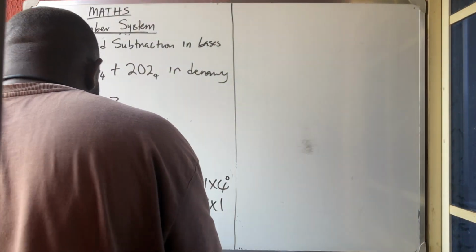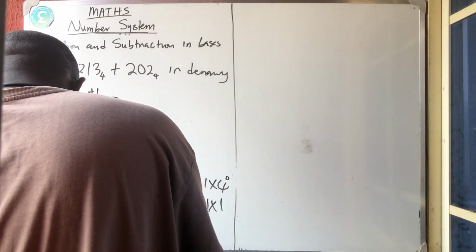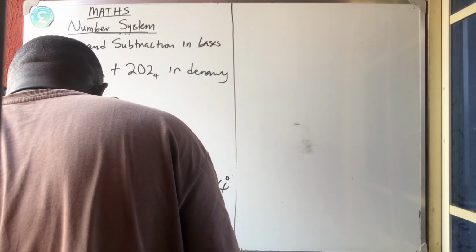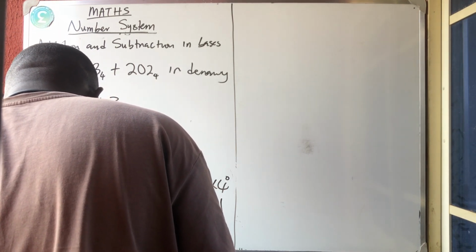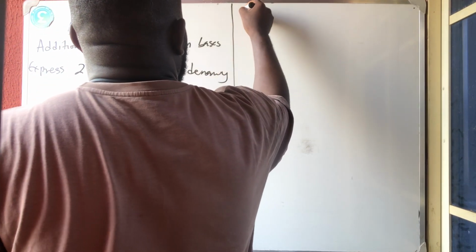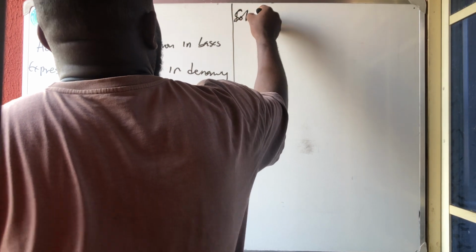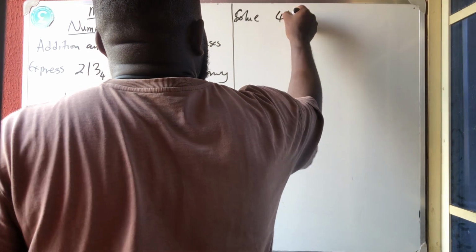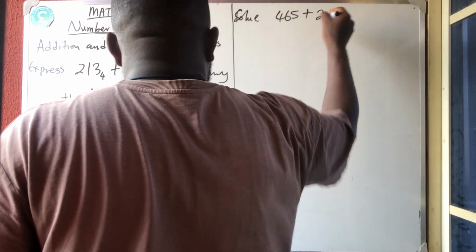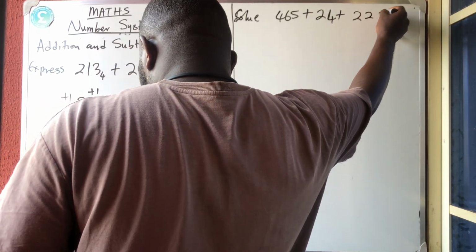So let us continue. The next question says solve 465 plus 21 plus 24 plus 225.